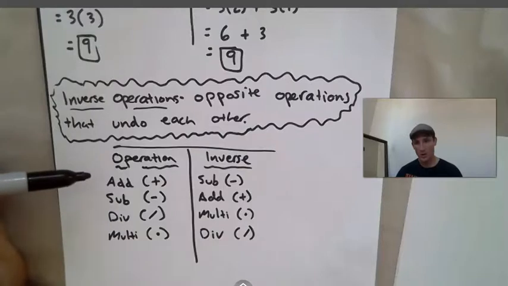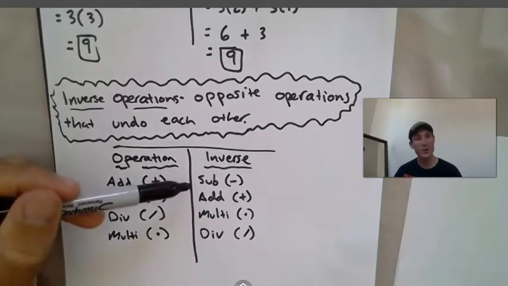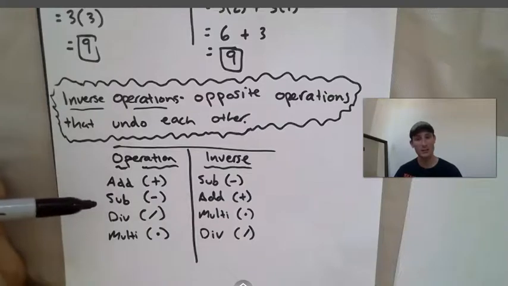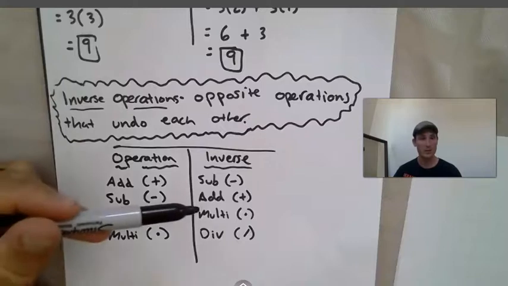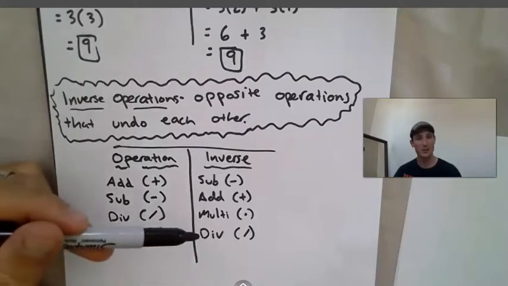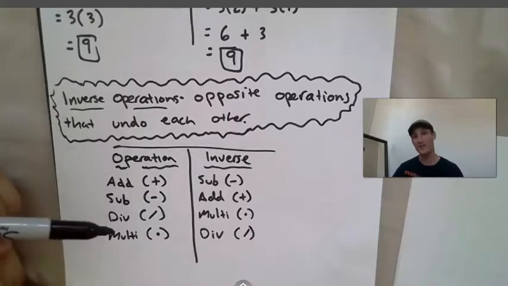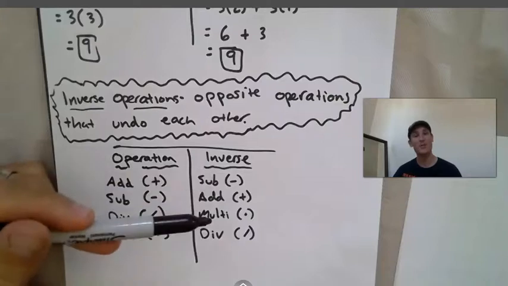So what undoes addition? Well, subtraction. What undoes subtraction? The opposite, addition. Opposite of division, multiplication. The opposite of multiplication is division. So when you see these operations in a problem, the inverse is the opposite of that.